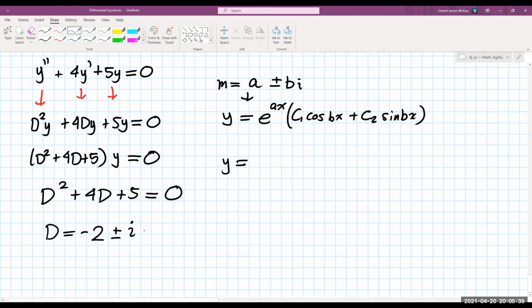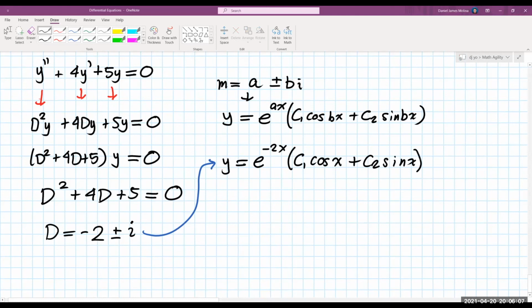From our solution here, our general solution will be e raised to negative 2x times the quantity c1 cosine of x plus c2 sine of x, since the value of b here is 1. So from there we already have our general solution.